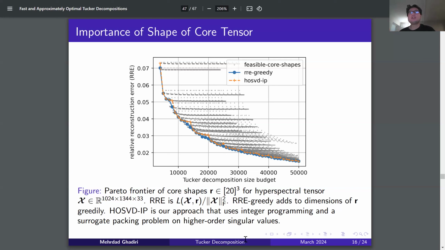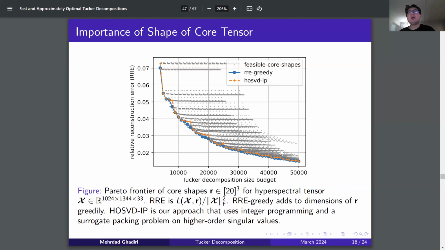So I have a budget on how large my Tucker decomposition could be, and by how large I mean the total sum of the size of the factor matrices and the core tensor. Based on that, I want to see how much my error could be, what is my relative reconstruction error, right?